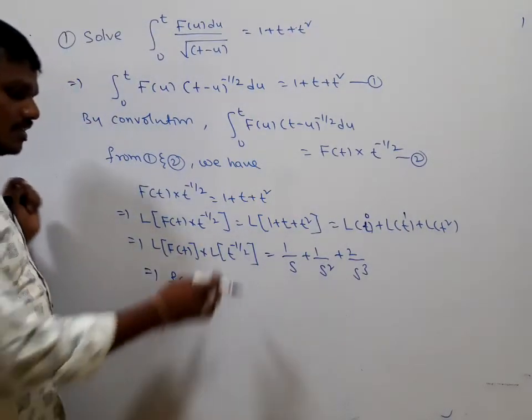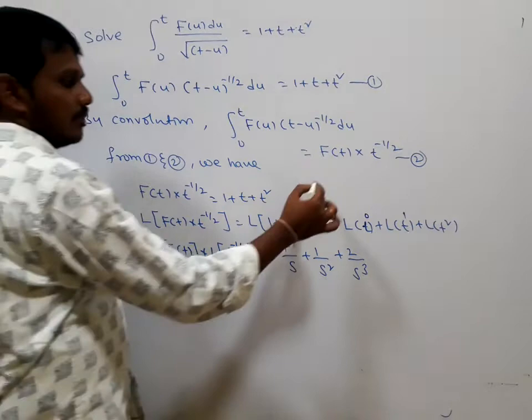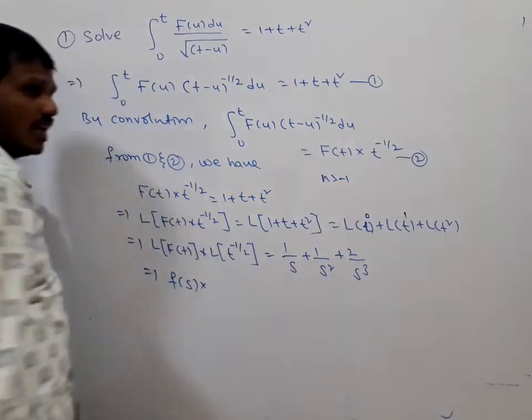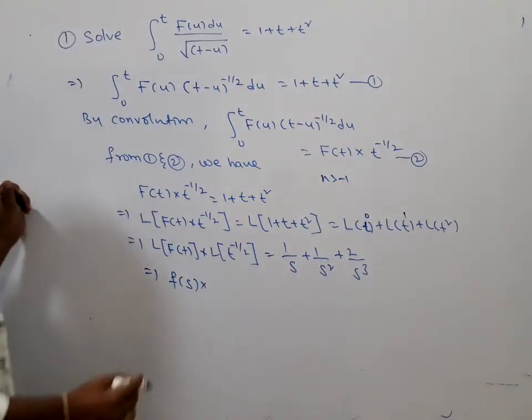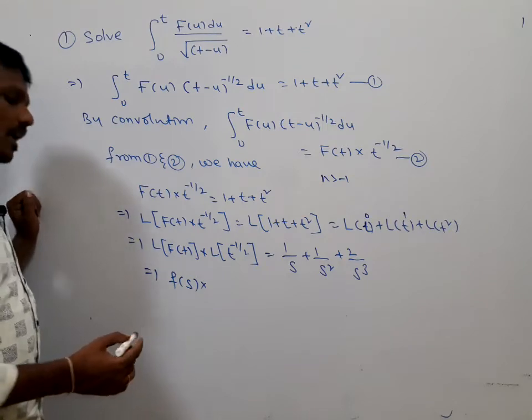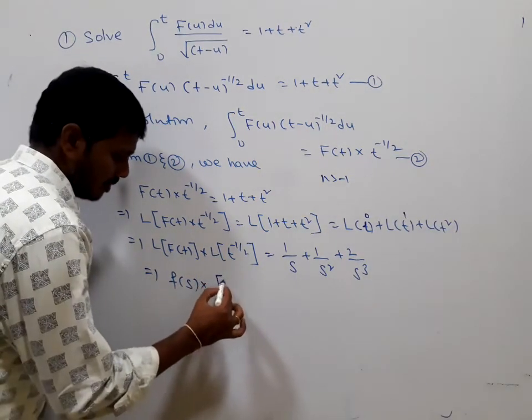Here it is not an integer, here minus 1 by 2 is there, which is greater than minus 1. So n being a real number greater than minus 1, we write gamma of n plus 1 divided by s to the power of n plus 1. So what is gamma of n plus 1 here?